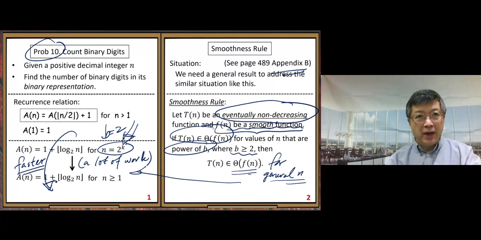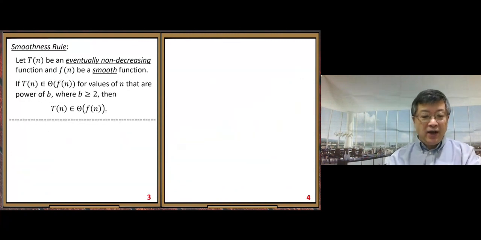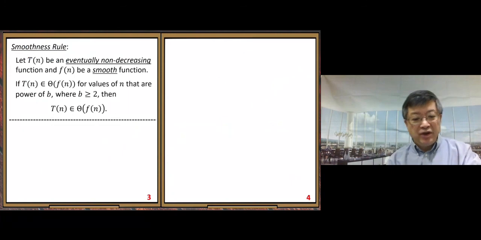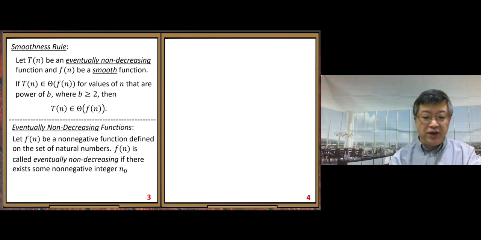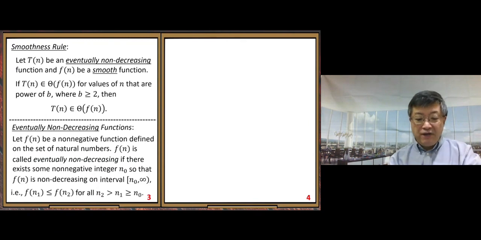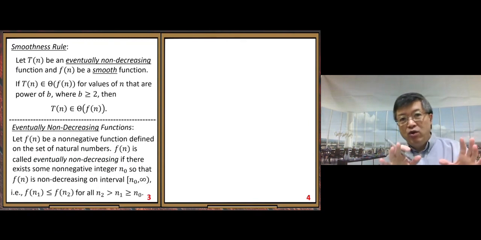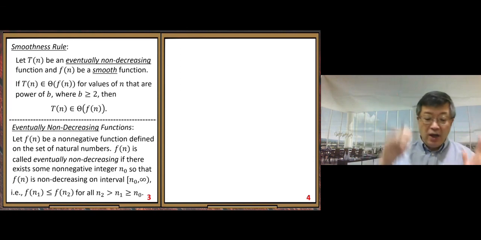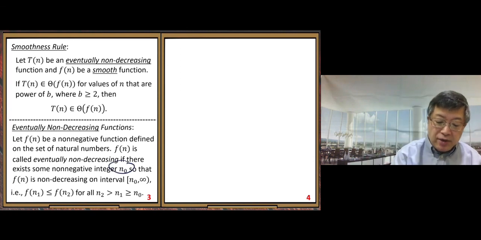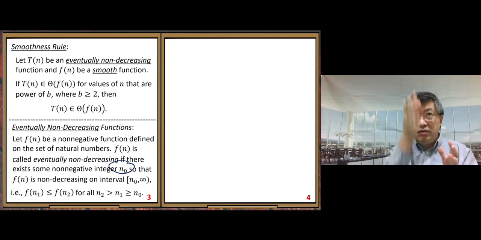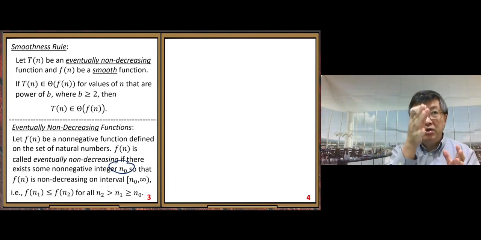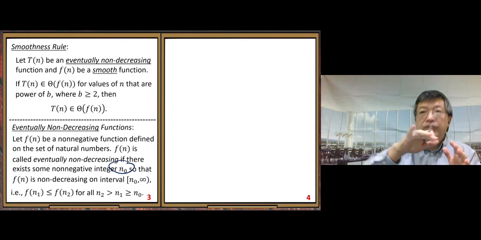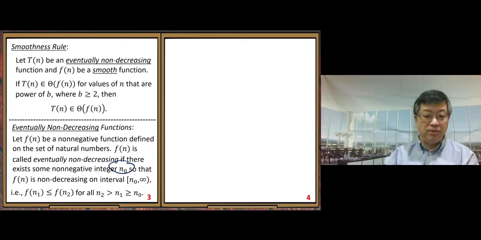All right. The definition is in the next slide. Here, I put the smoothness rule, and for the non-decreasing function, I put a definition here. Although I put a lot of words here, the meaning is very simple. After some integer n0, after you pass that point, the function is non-decreasing. That's simple.